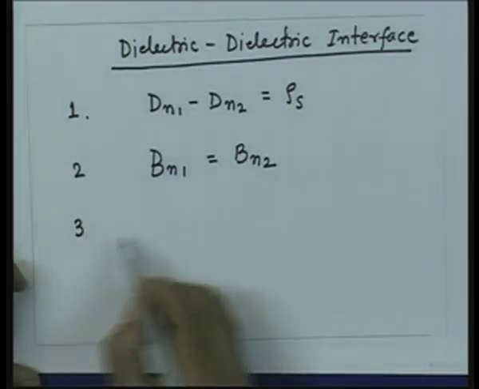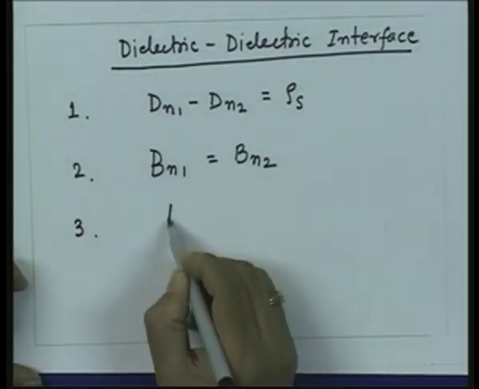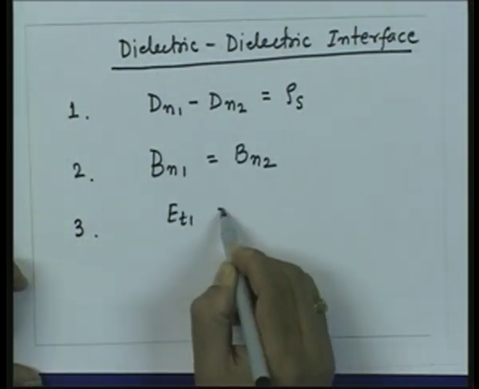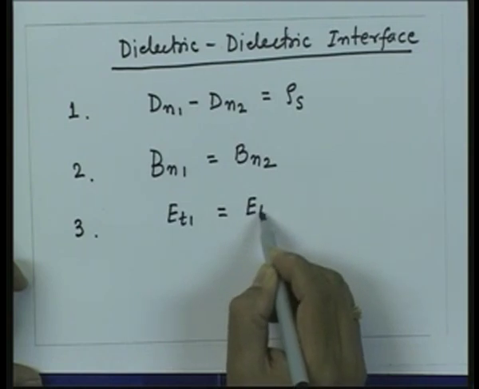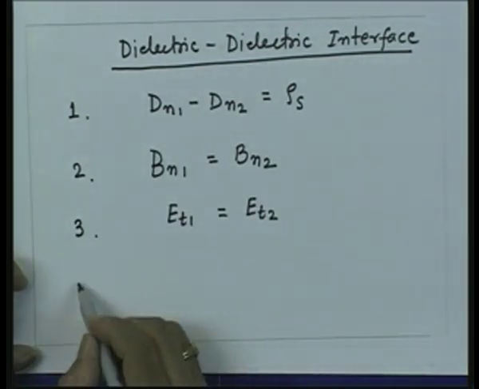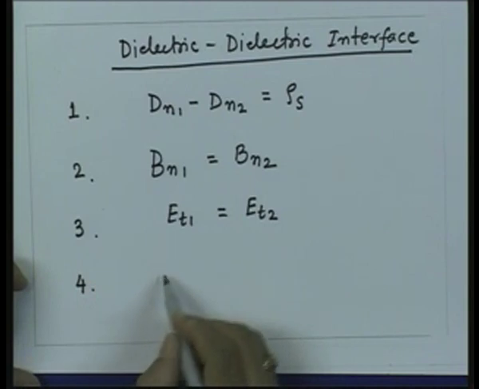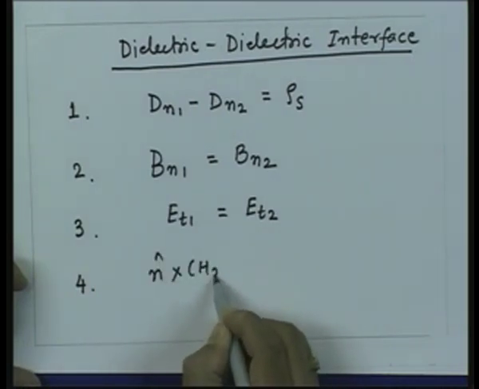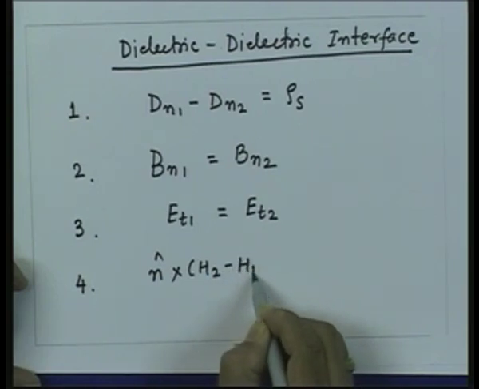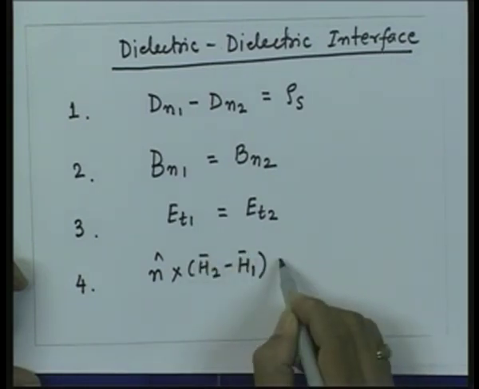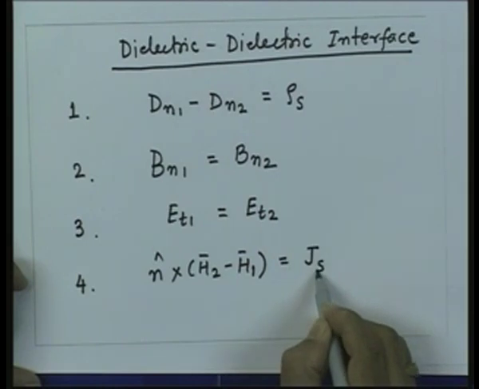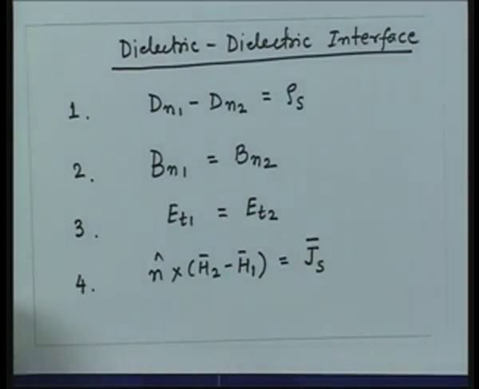The third boundary condition was E T1 is equal to E T2, and the fourth condition was that n cross H2 minus H1 is equal to the linear surface current density.